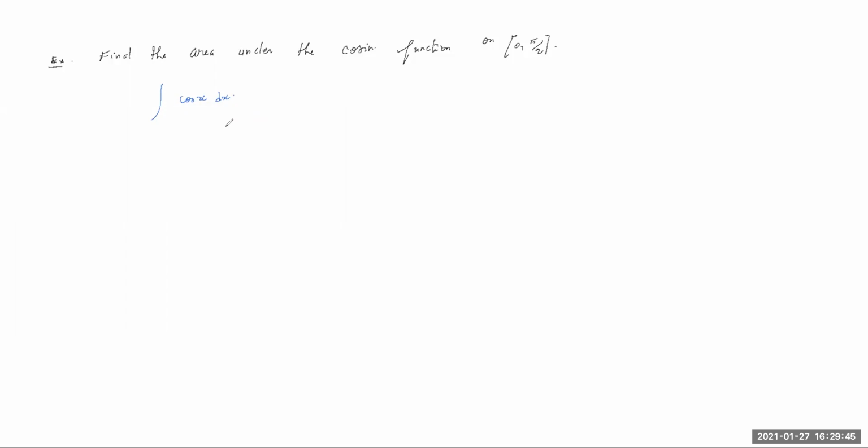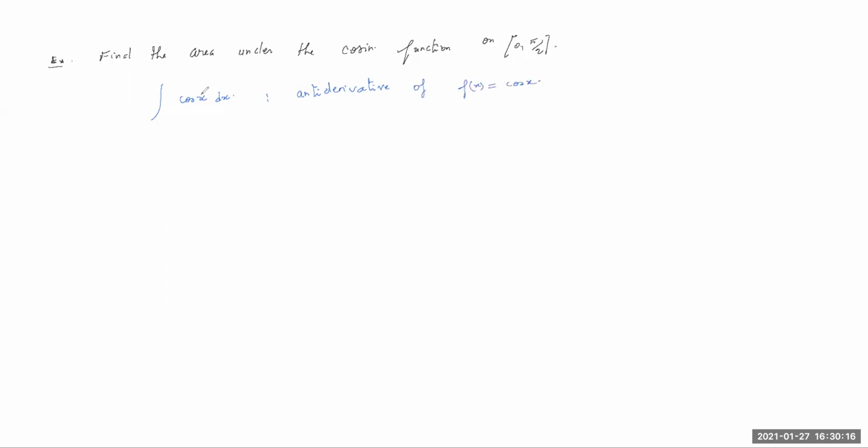So what do you need? If this notation is left like that, this one is a function, an antiderivative. Can you give me the antiderivative of the function f(x) equal cosine x?